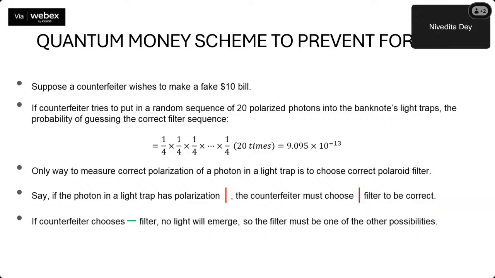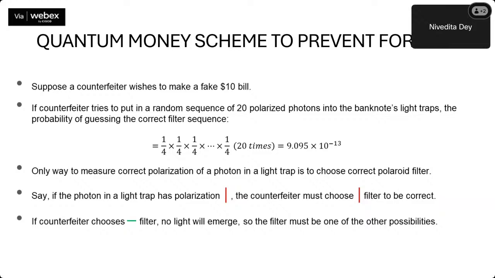Okay. Therefore, the only way to measure the correct polarization of a photon in a light trap is to choose the correct Polaroid filter. Say the filter in a light trap has vertical polarization, then the counterfeiter must choose a vertical filter to be correct.